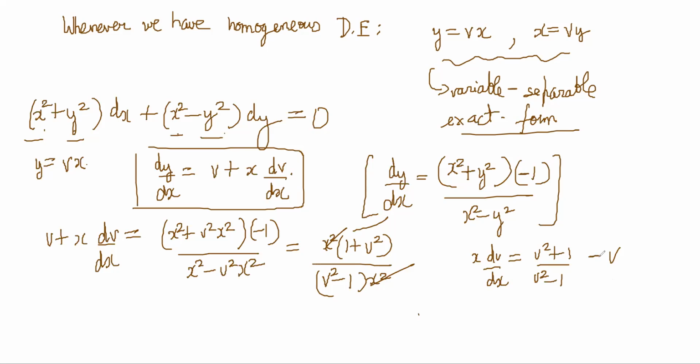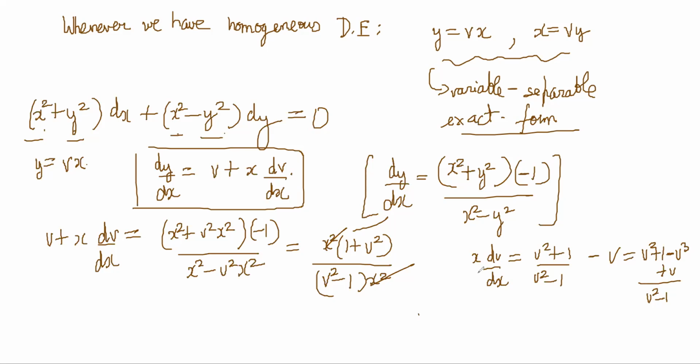Correct? Yeah. So now we can simplify it and collect all the terms. So this becomes v square plus 1 minus v cube plus v by v square minus 1, right? Yeah.